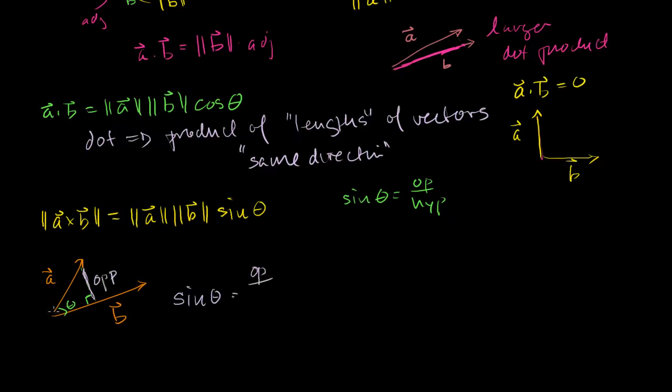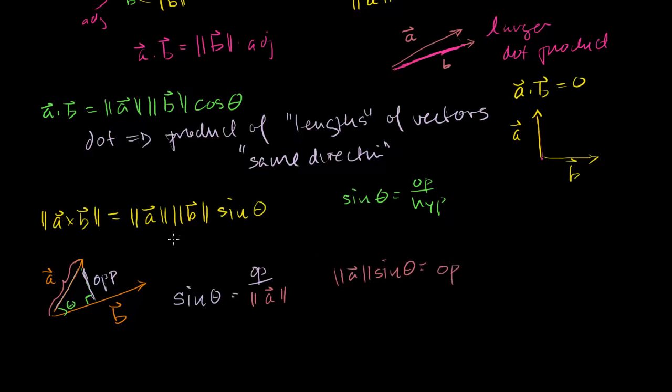So the hypotenuse is the length of this vector A right there. So if I multiply both sides of this by the length of vector A, I get the length of vector A times the sine of theta is equal to the opposite side.